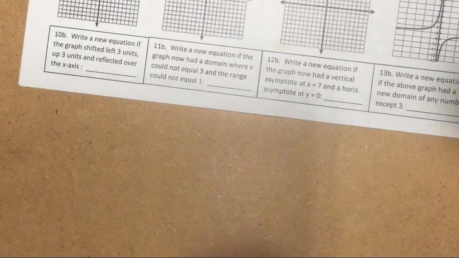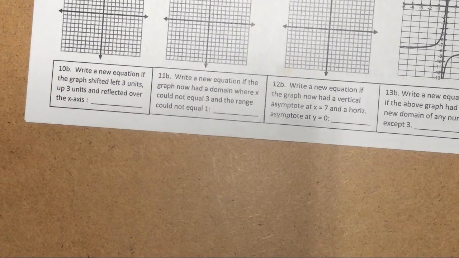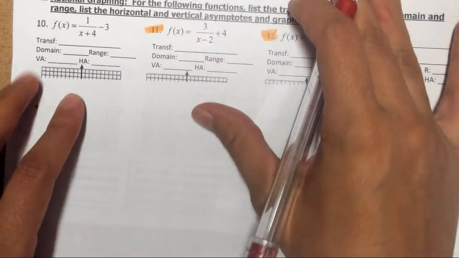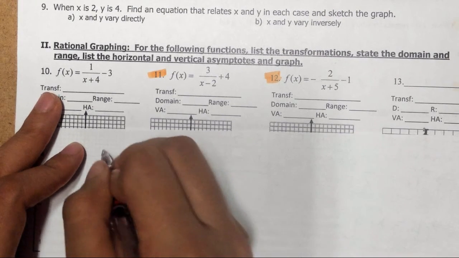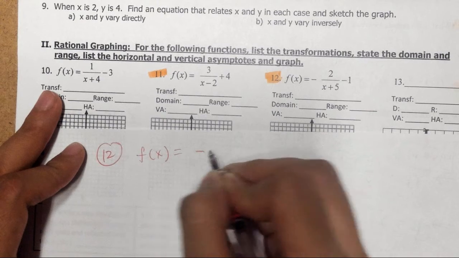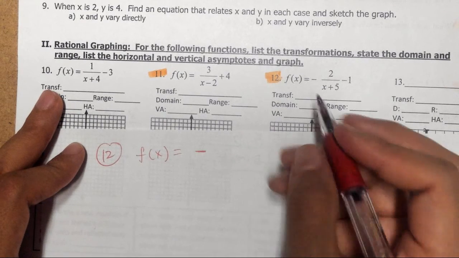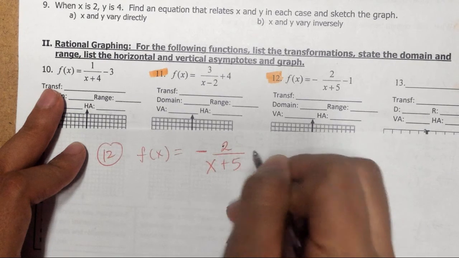Alright, so I'm going to go ahead and do number 12. So this one, you have f of x equals negative. Now this negative is kind of sticking on the outside. I always tell my kids that's either on the outside or on the front, the same thing.